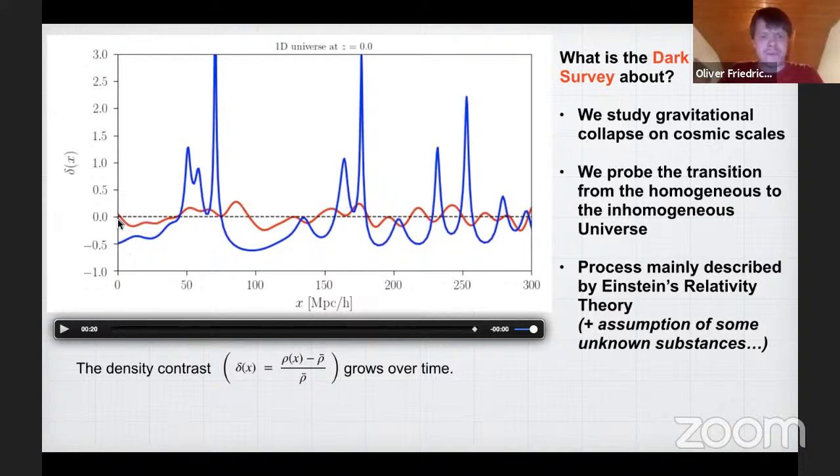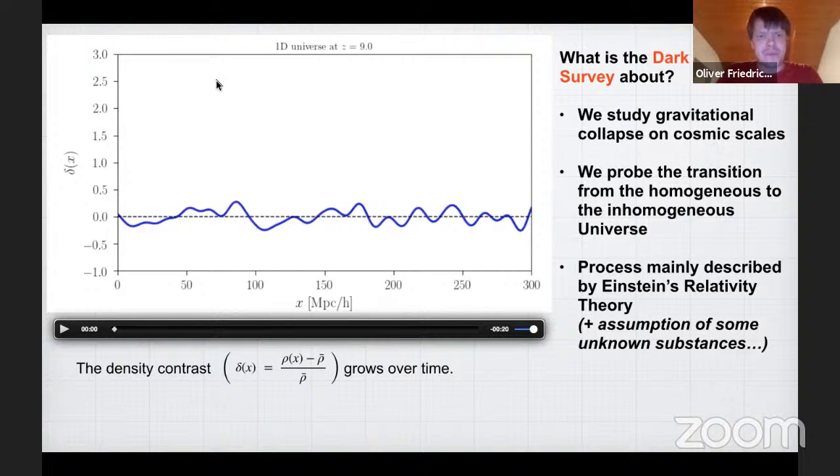And you see, we start out in early times of the universe. So this is representing the universe at a redshift of 9.0. So this will be many, many billions of years ago. You see that the density perturbations are still quite tiny.